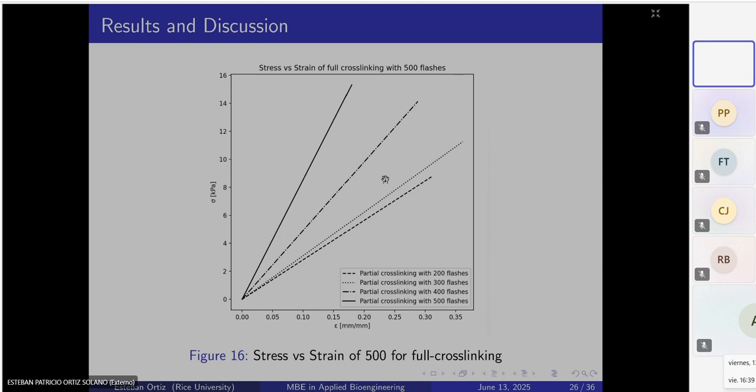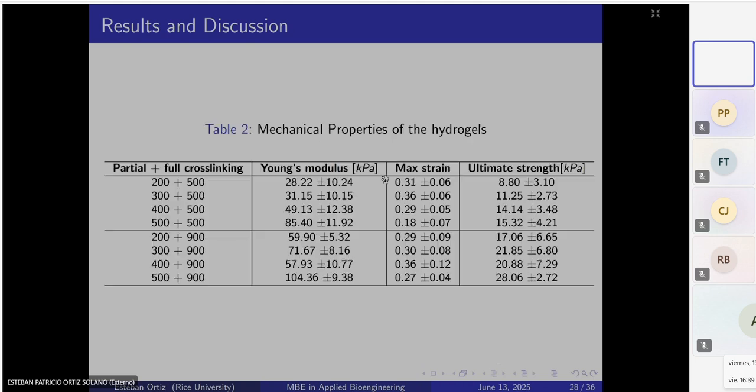So I can have an optimal value, an optimal modulus, when I compare with a normal tissue, with a normal extracellular matrix. This point is just to illustrate with numbers, more or less, what the Young's modulus of the tissue is, as well as the Young's modulus of the hydrogel.